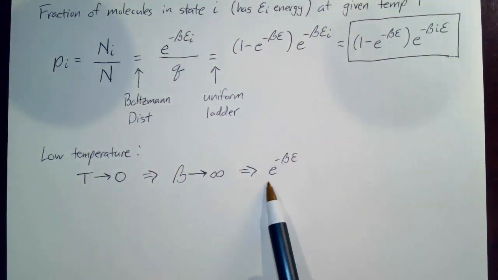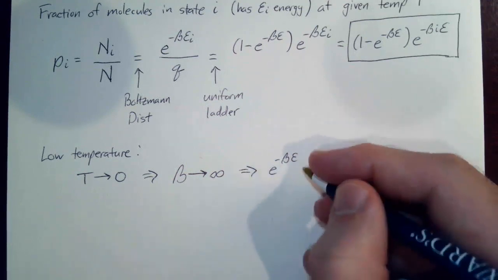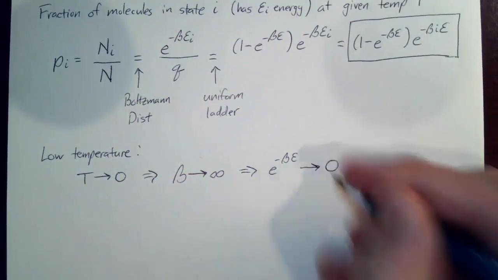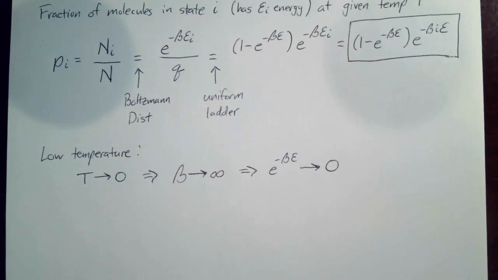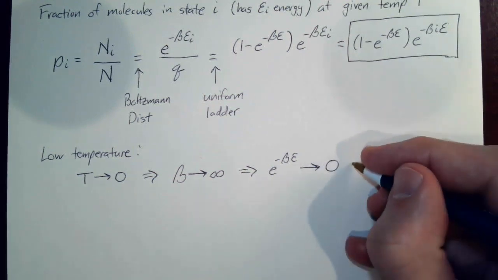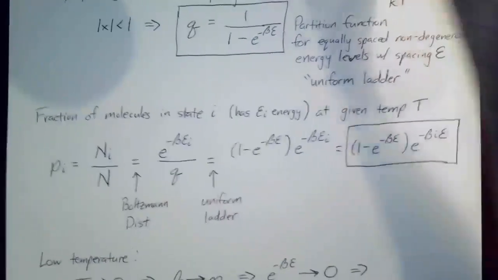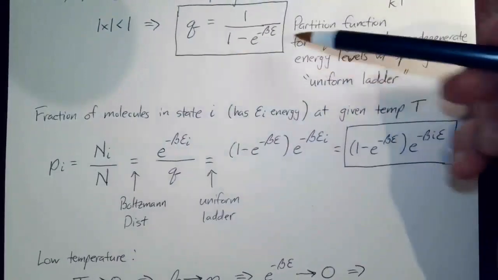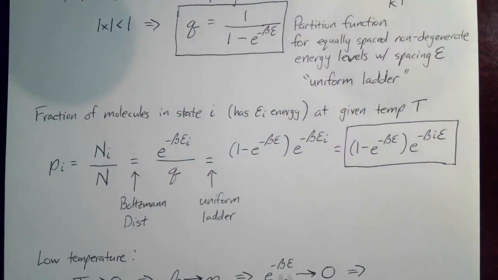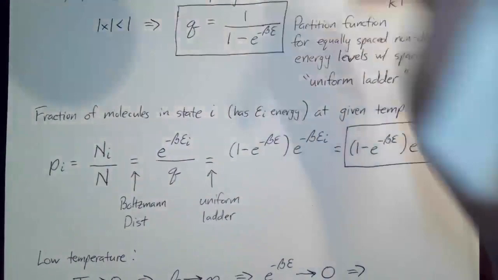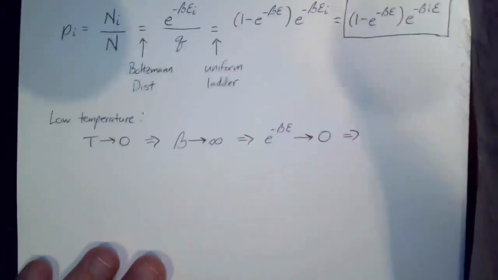Beta is going to infinity, so this is going to e to the minus infinity, which approaches 0. Which means that q, which is up here, 1 over 1 minus e to the minus beta epsilon, if this is going to 0, then q must be going to 1.